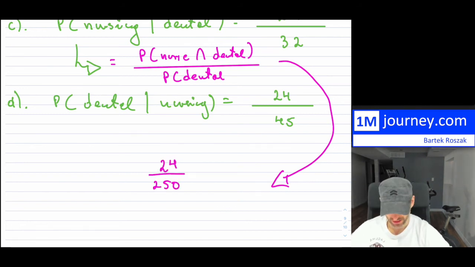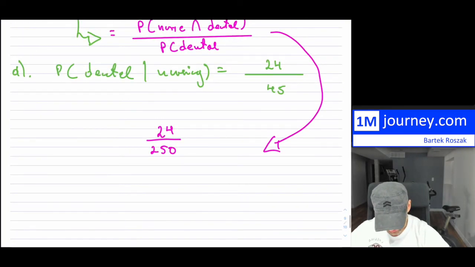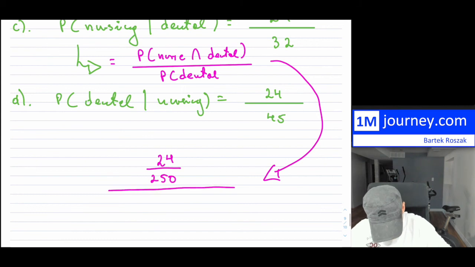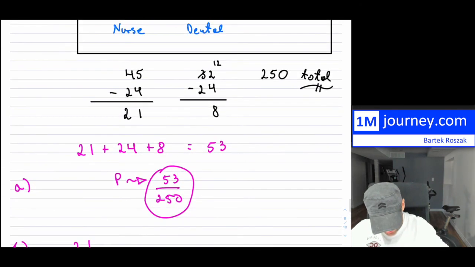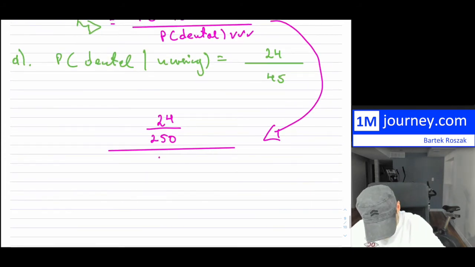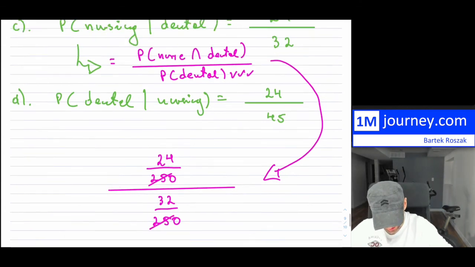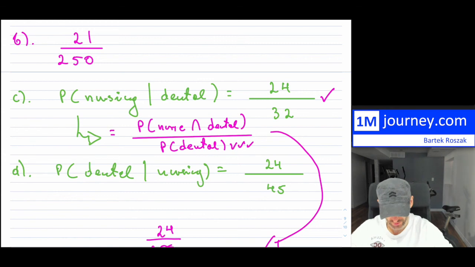And this would be divided by the probability of only dental, which was 32, so 32 over 250. And notice if you do this division, the 250s will cancel and you get your 24 over 32 if you wanted to do it by conditional probabilities in terms of the formula.